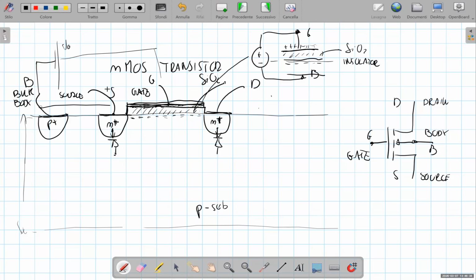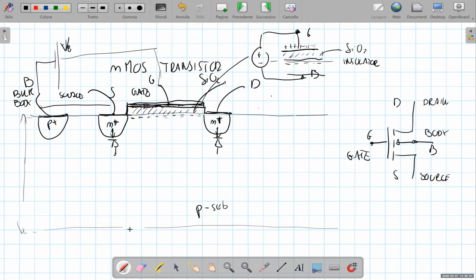Okay? But this happens only if we apply a positive voltage on the gate. In other words, if we apply a positive voltage on the gate, we have conduction between drain and source.